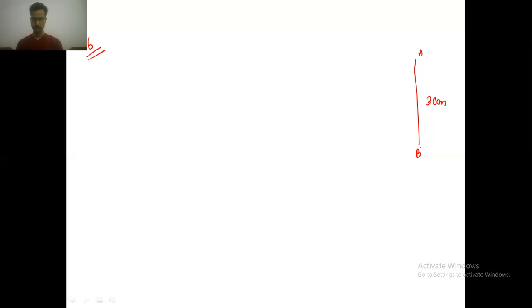Suppose this is the height of the building, and suppose a boy is standing here. Suppose CD is the boy. And the height of the boy is also given, 1.5 meters.